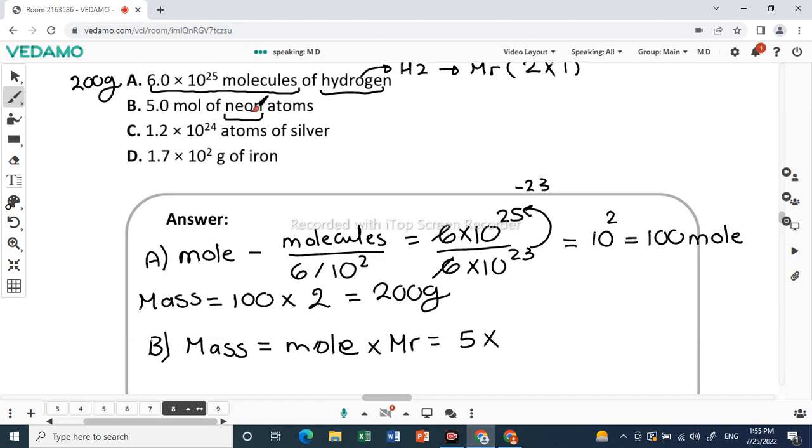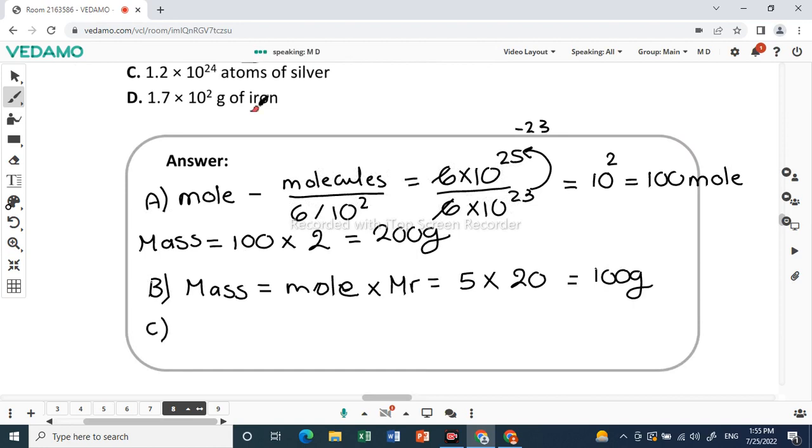And here I want to mention that inside paper 1, the periodic table is of course attached with you. So for paper 1, it's not the data booklet. You're going to find it inside your external. You will find the periodic table with the relative atomic mass. So we need to check what is the molar mass of neon. And actually, the molar mass of neon is 20 after rounding. So your final answer is 100 gram.